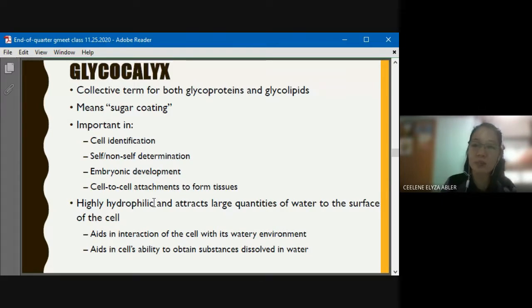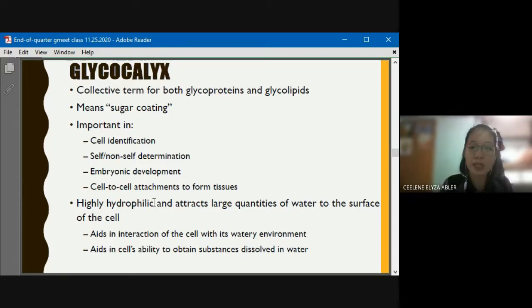So yan siyang gagamitin. And very hydrophilic yan siya. Carbohydrate molecules kasi class are very attracted to water. Kaya nga yung mga substances that are actually sugary, pag iiwan mo yung asukal sa labas, it actually parang nagme-melt, medyo watery, and it's because the water in the atmosphere sa air is actually attracted towards your lump of sugar na exposed sa air.